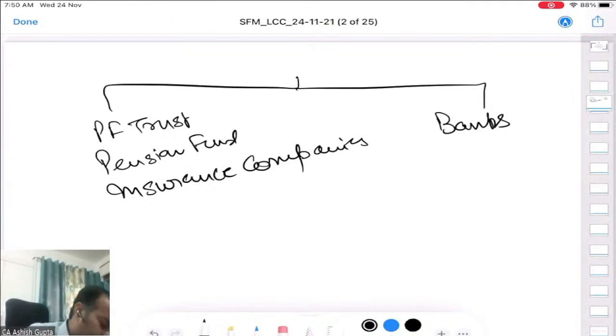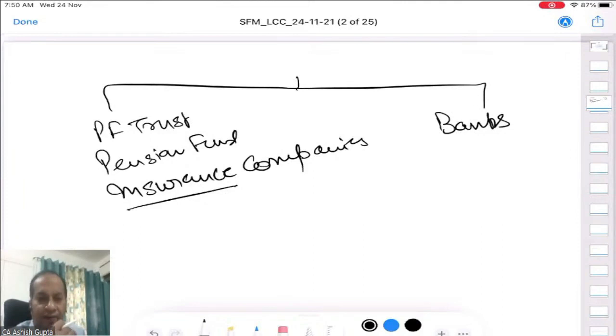Normally, what happens in case of an insurance company? You know that in an insurance company, the subscriber to the insurance policy pays a premium, and he takes a guarantee that tomorrow if something mishappens, then my family will get the benefit.